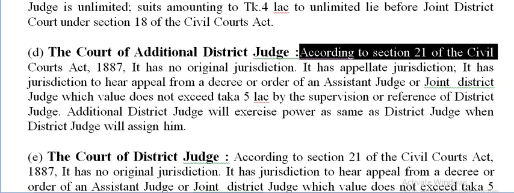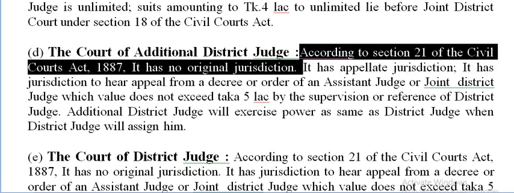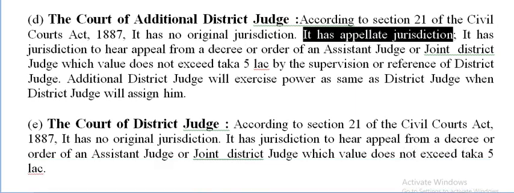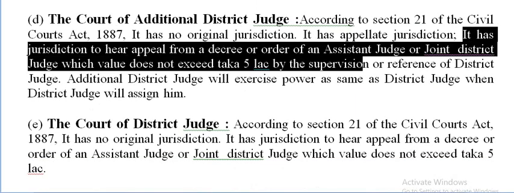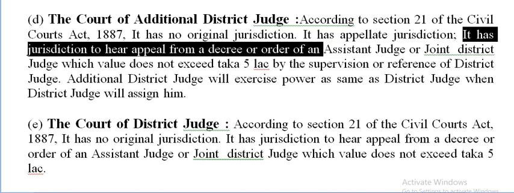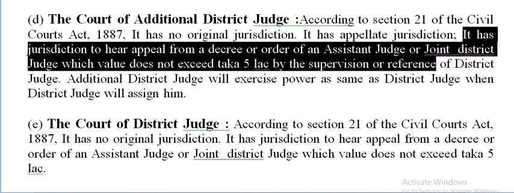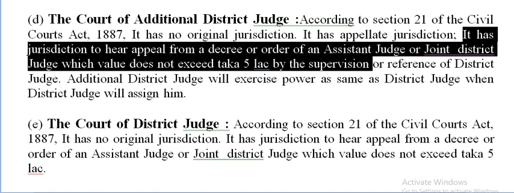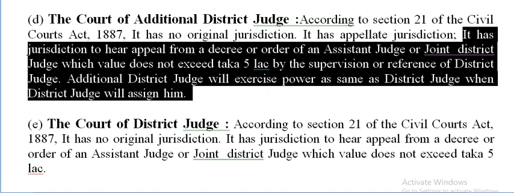Okay, next, the Court of Additional District Judge. According to Section 21 of the Civil Courts Act 1887, it has no original jurisdiction. So from this we can understand that the additional district judge has no original jurisdiction. It has appellate jurisdiction only, or revisional jurisdiction. It has jurisdiction to hear appeals from a decree or order of an assistant judge or joint district judge whose value doesn't exceed Taka 5 lakhs, by the supervision or reference of a district judge.